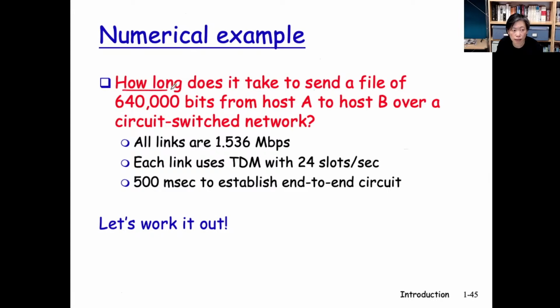The question asked is, how long does it take to send a file, this big, from A to B over a circuit switch network? In this network, all the links have the same capacity, 1.536 megabits per second. And each link is divided into 24 parts using TDM. Meaning that the circuit between A and B only gets 1 slot.